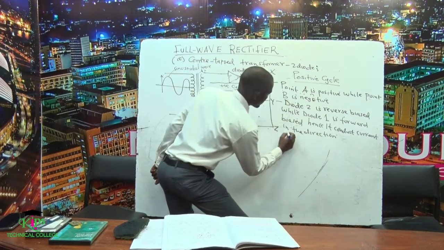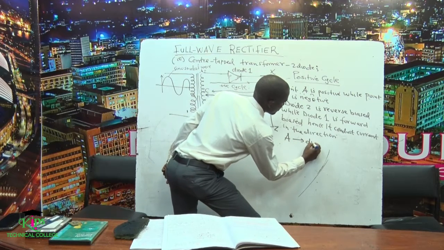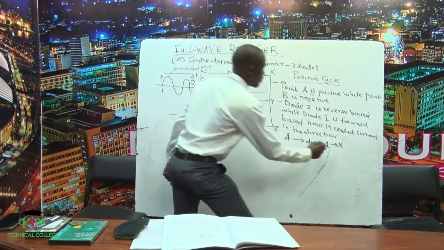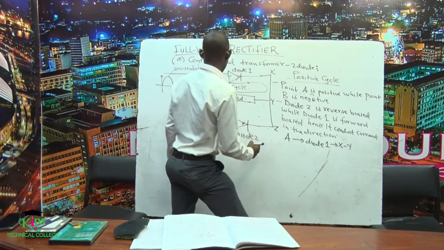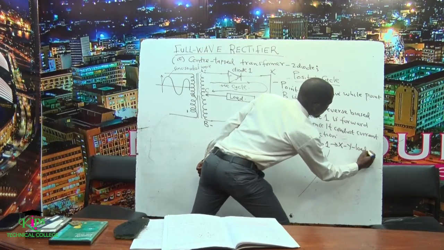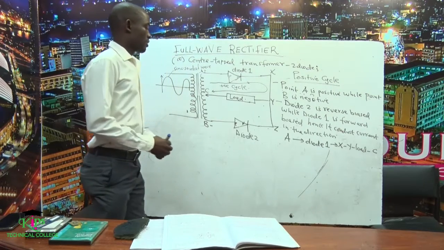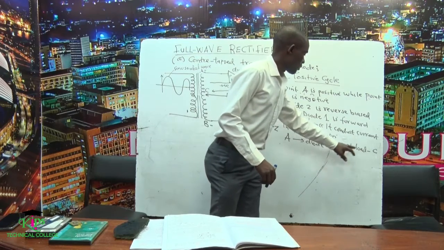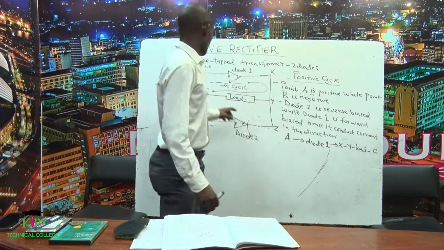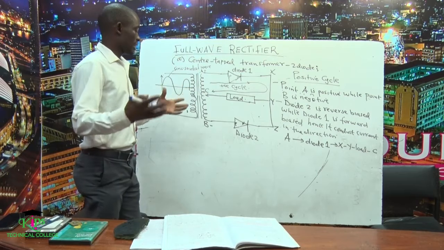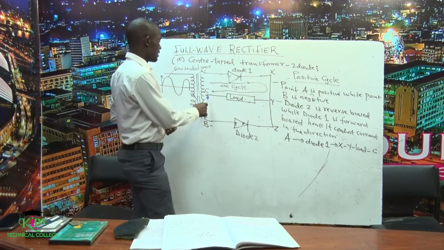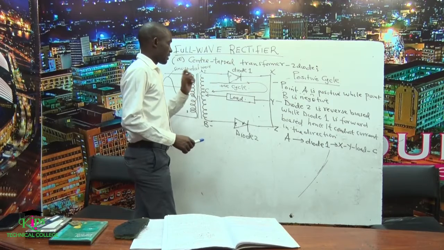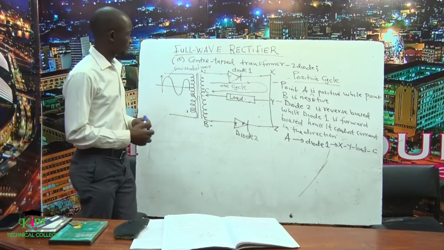It will start from point A, it will move to diode 1, it will move to point X, move to point Y, move to the load, then finally it will go back to C. So basically at the end of the day you will come to realize that this point C becomes our ground, or it becomes our negative point, the actual negative point.